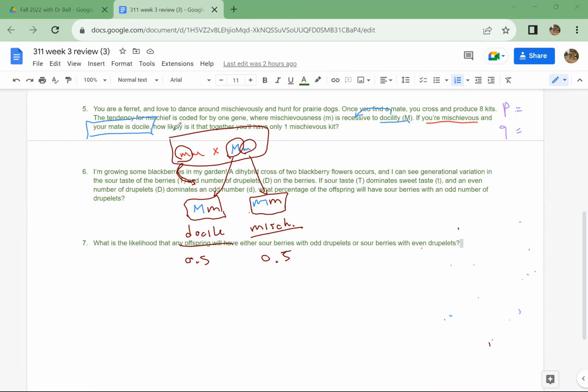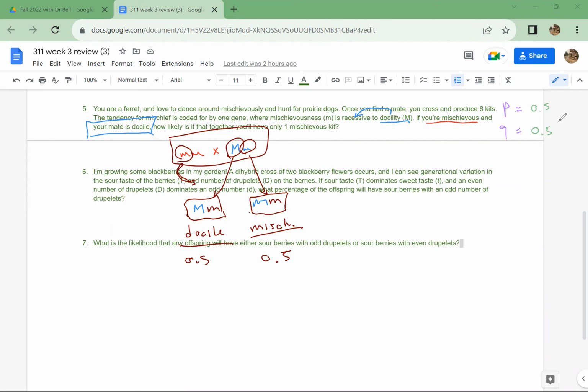And so we have our P's and Q's. P in this instance is 0.5 and Q is 0.5.